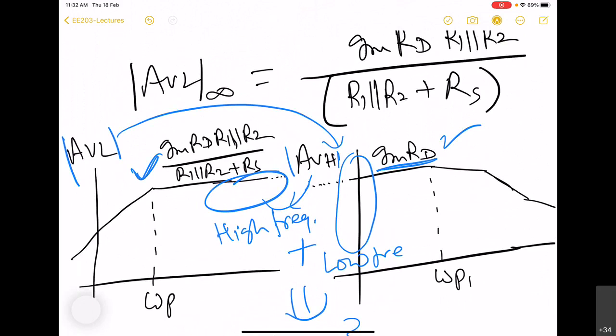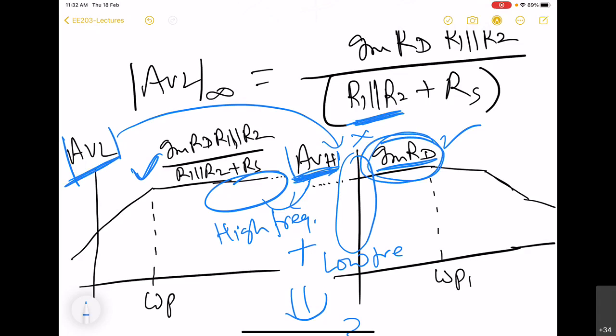For finding out the high frequency response, we neglected R1 and R2. So these factors were neglected for finding out the high frequency response, but they were included in the low frequency response analysis. So we will now have to include this R1 and R2 also to find out the high frequency gain. Then we can find out what is the exact value here, right?